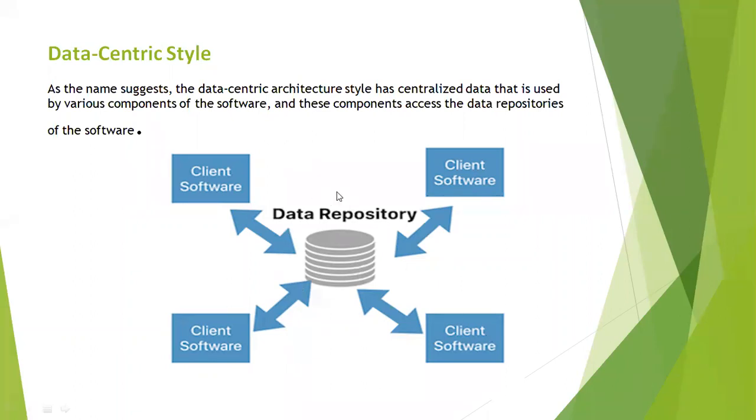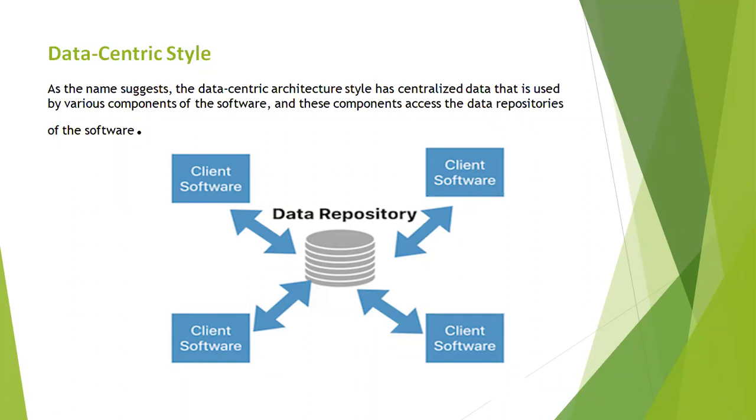So whenever multiple clients want to access that particular data, they can access it. That's why we call it data at the center, so this name is called data centric style. There is centralized data which is accessed by multiple clients when they are in need.